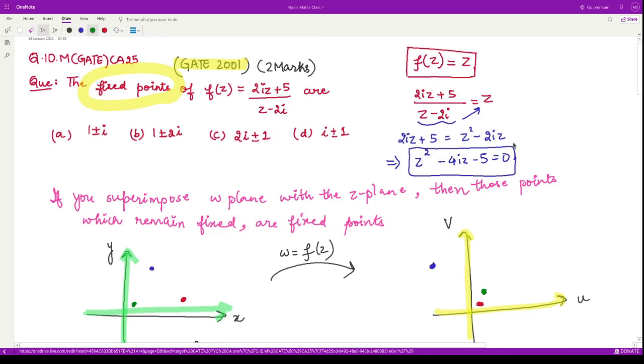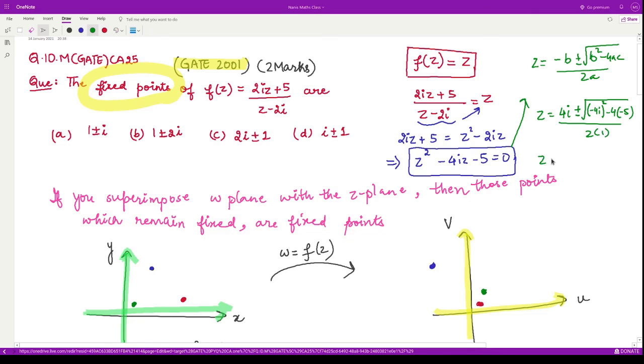Very easily, applying the quadratic formula, z would be minus b plus minus square root of b square minus 4ac, divided by 2a. This is the formula. Using this formula, our b is minus 4 iota, so it would be 4 iota plus minus square root of b square, where b square is basically minus 4 iota whole square, and then minus 4 into a, which is 1, and c, which is minus 5, divided by 2 into 1.